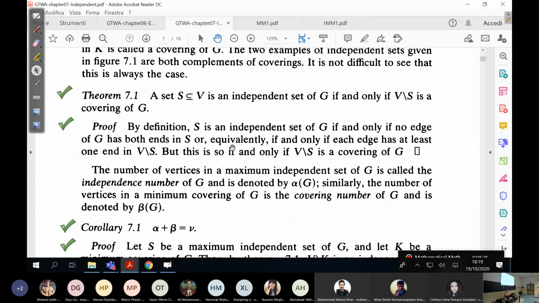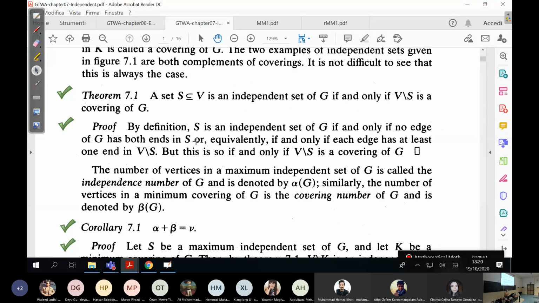By definition, S is an independent set of G if and only if no edge of G has both ends in S. Because if an edge has both ends in S, it means that those two vertices are adjacent, so they cannot be part of an independent set.